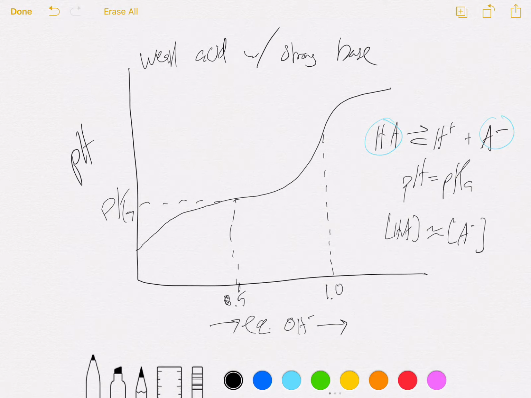All right, so and again, a lot of this maps very, very well to buffers.